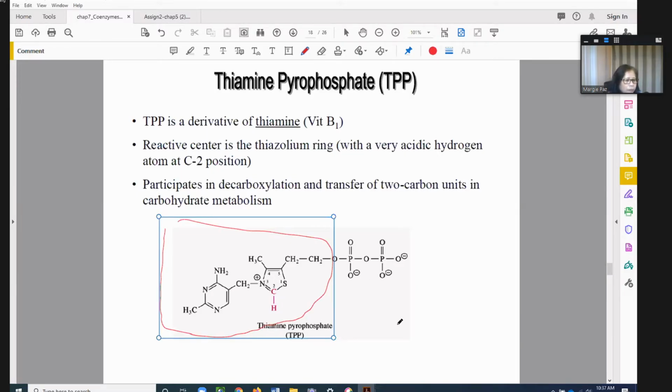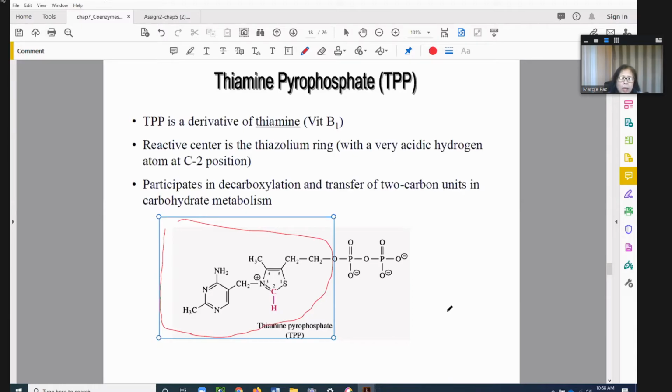It contains this possibly charged thiazolium ring. It also contains this pyrimidine ring here. So this possibly charged thiazolium ring here serves as the reactive center.